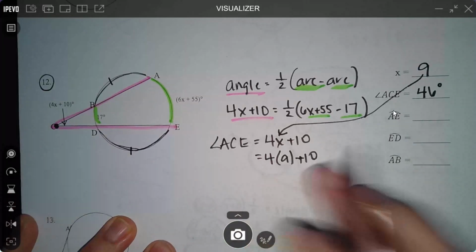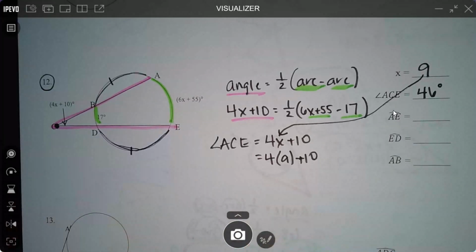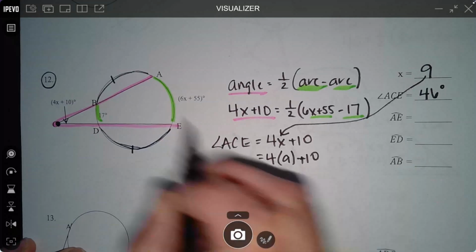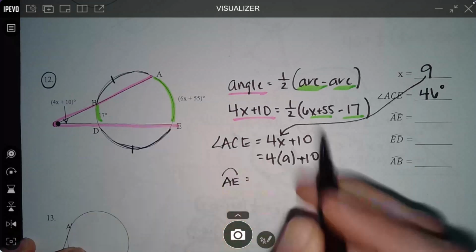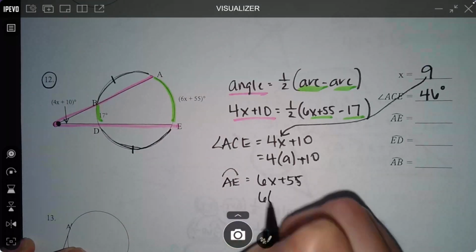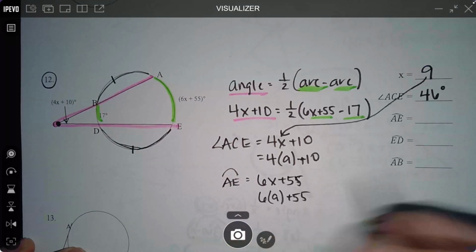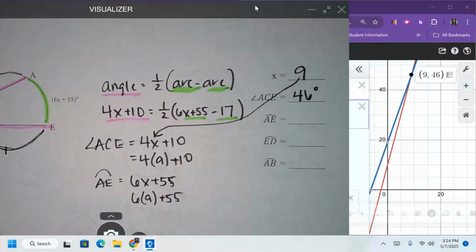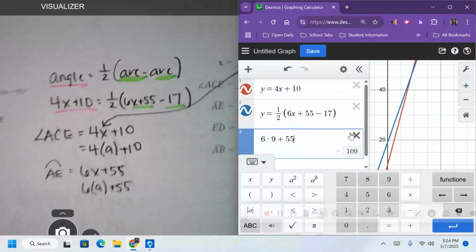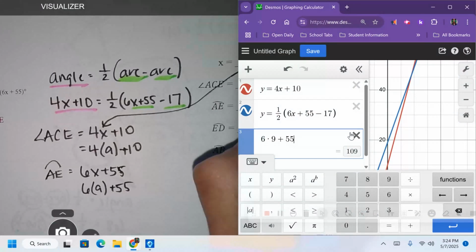Then they want some arcs. Now they want arc AE. That's right here, 6x plus 55. Again I'm going to plug in 9, 6 times 9 plus 55, so that would be 109.